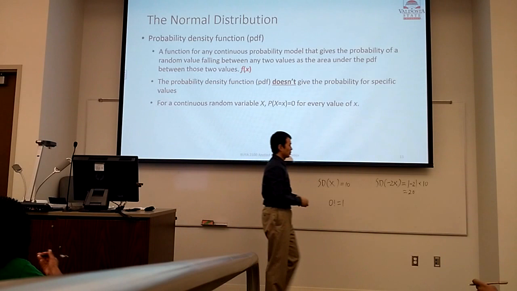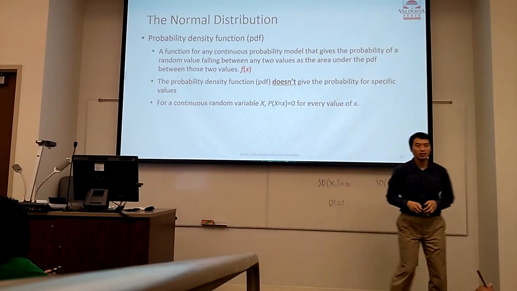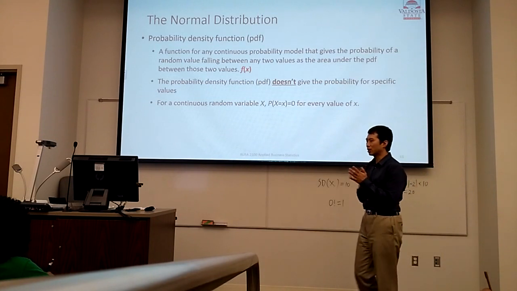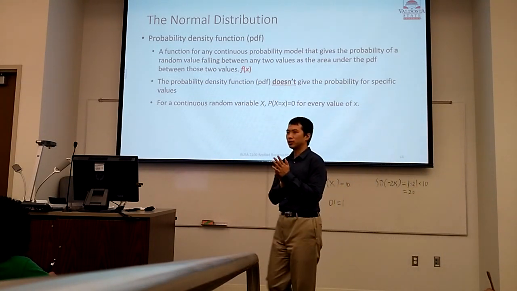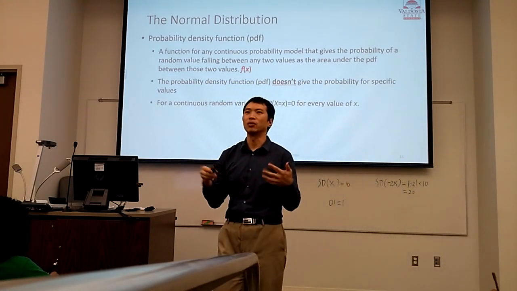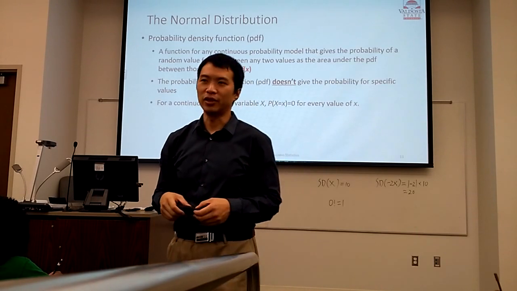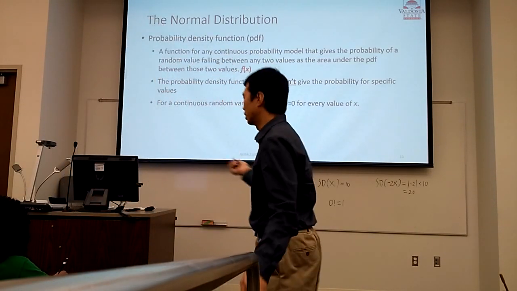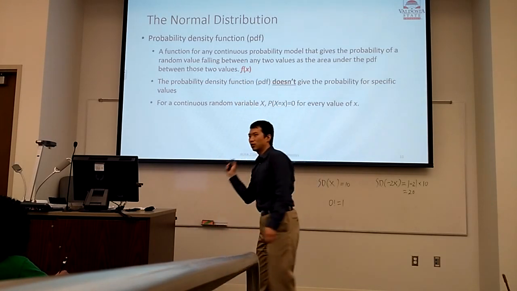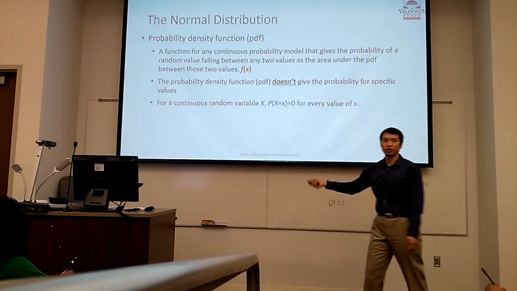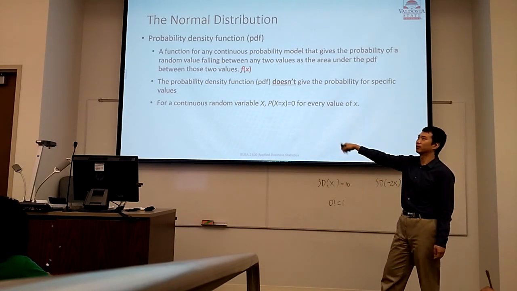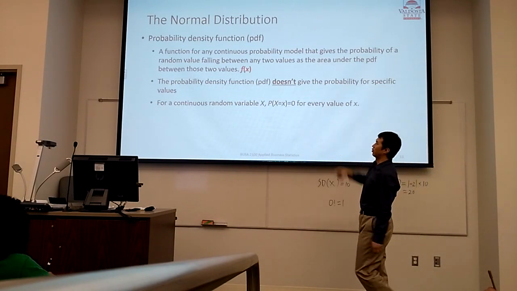So this is a new concept. Okay. Probability density function. When we talked about the discrete probability model, we said the distribution has the PMF, probability mass function. But for continuous random variables, we do not call it PMF, we call it PDF, probability density function.